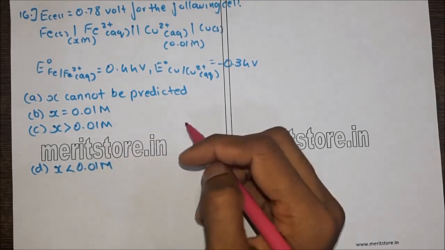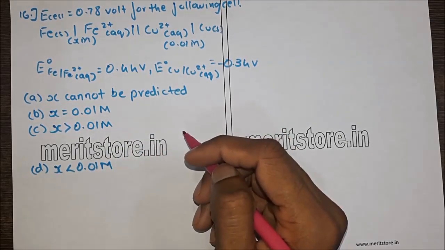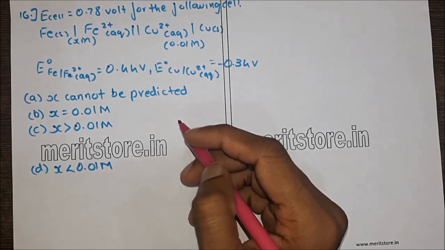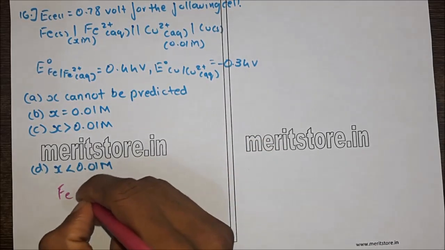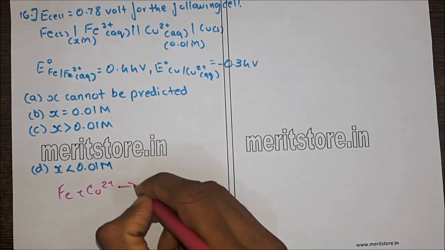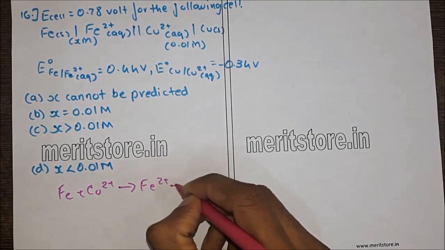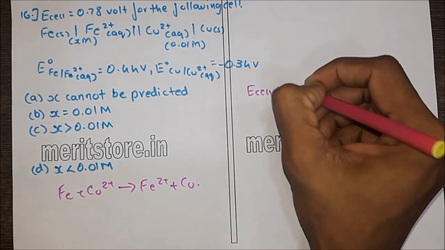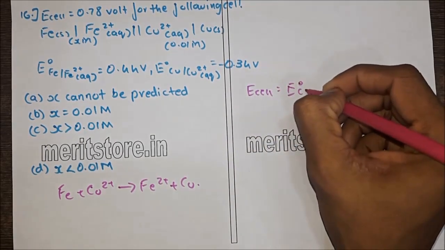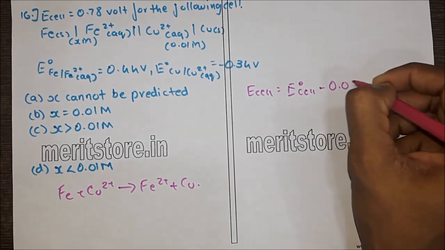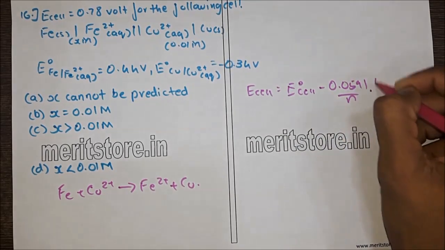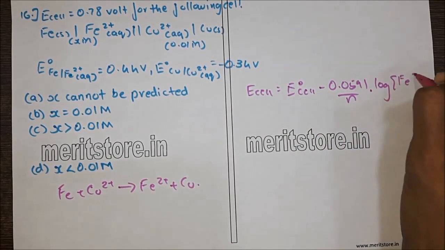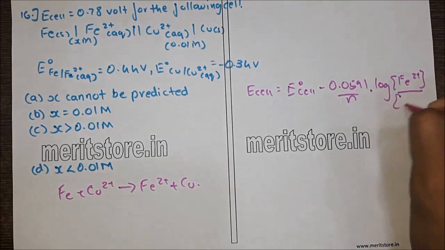If the solution contains 2 or more cations, the cation to be deposited on the cathode is the one which has higher reduction potential. The reaction will be Fe plus Cu2+ giving Fe2+ plus Cu. So E cell is equal to standard potential cell minus 0.0591 upon n log of Fe2+ upon Cu2+.